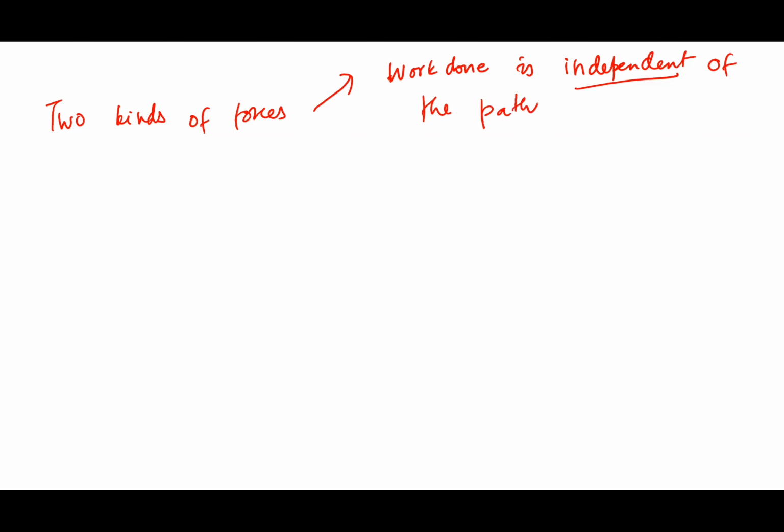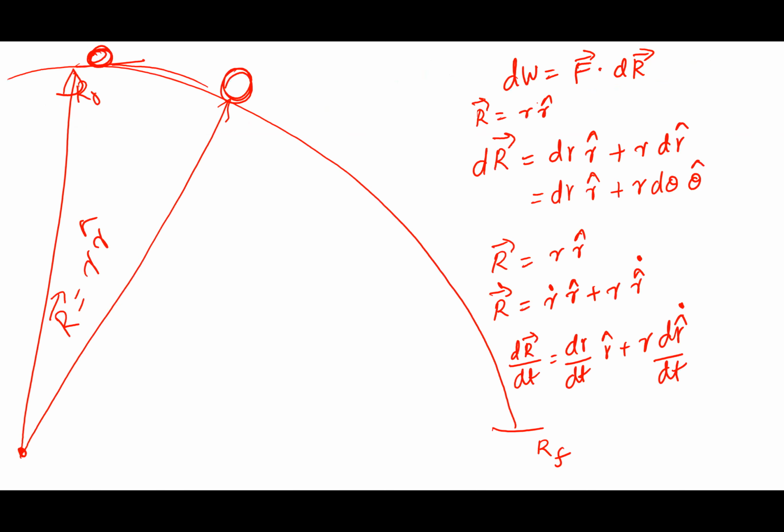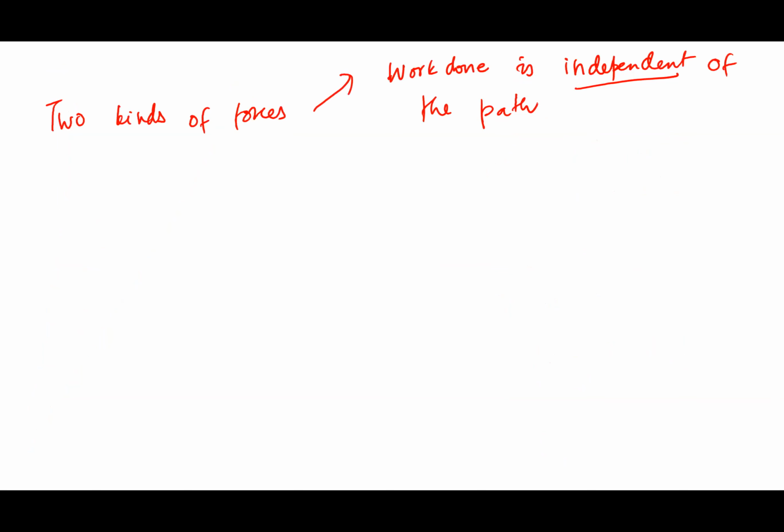That is, it doesn't matter whether you go like this, or whether you fall straight down. All that matters is what is the difference between the initial and the final position. What is the initial state and the final state? Only those matter. The path that you take doesn't matter. So you can go any which way, right? And basically, it wouldn't matter.